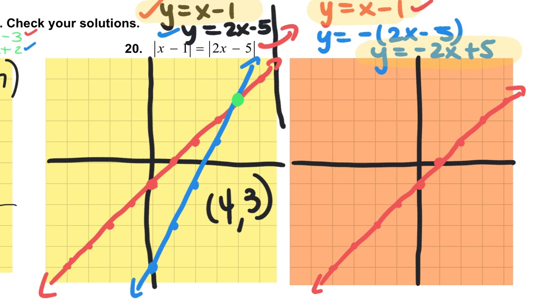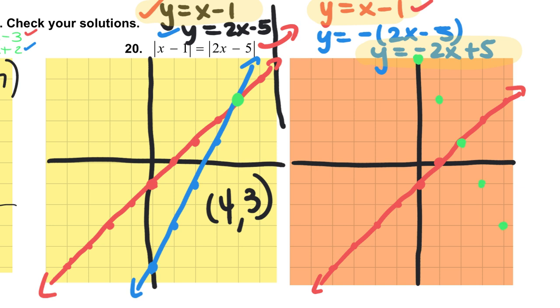Now I'm going to do my second line. Second line, I'm going to do it now in green, because I know now it's a negative. So I have negative and +5 for my y-intercept. 1, 2, 3, 4, 5. Down 2 over 1. Down 2 over 1. Down 2 over 1.